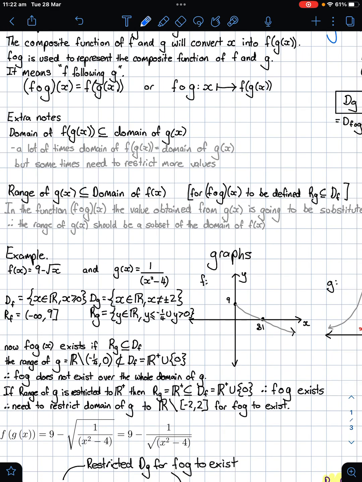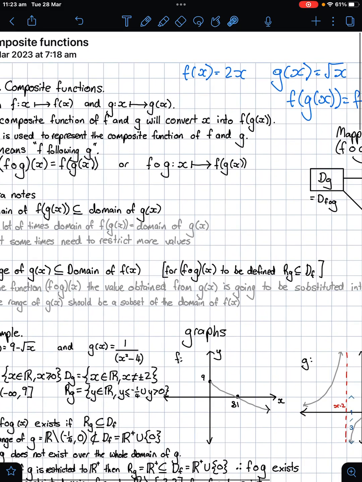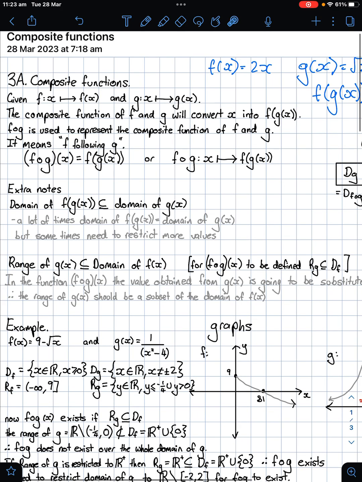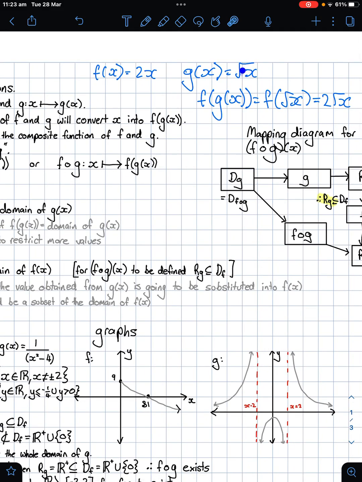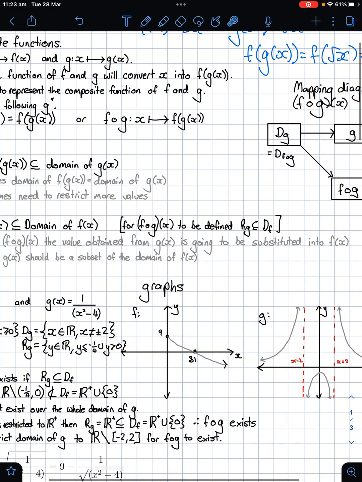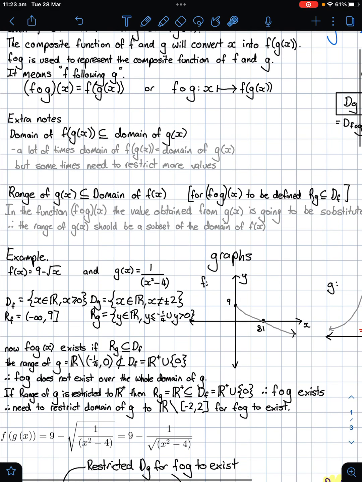Now, we've not really talked too much about this before, but when we start to do these composite functions, we need to start considering the domain of these functions. In terms of f of x, the domain has all real numbers, but g of x has to be 0 or greater than 0. One of our definitions here is that the domain of f(g(x)) is a subset of the domain of g.